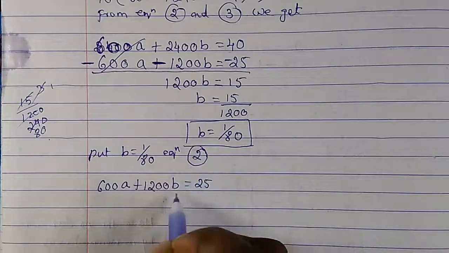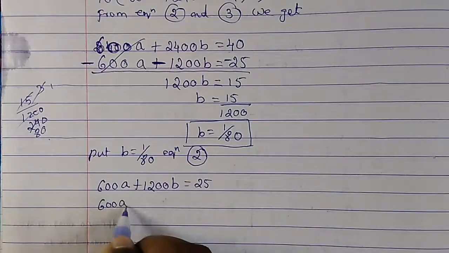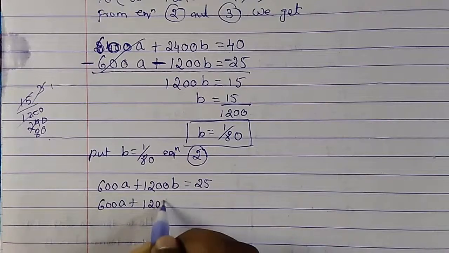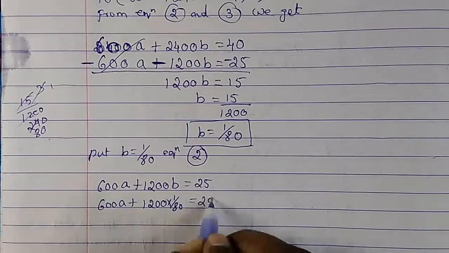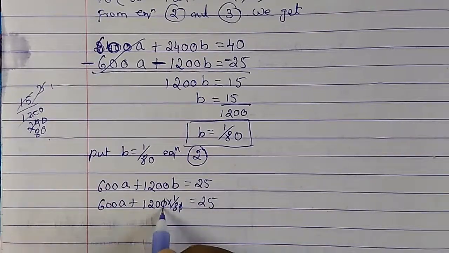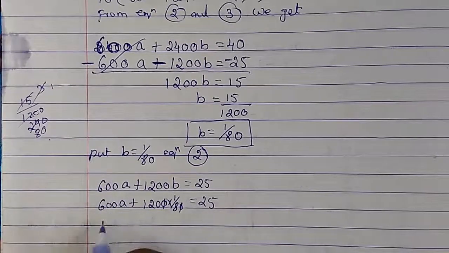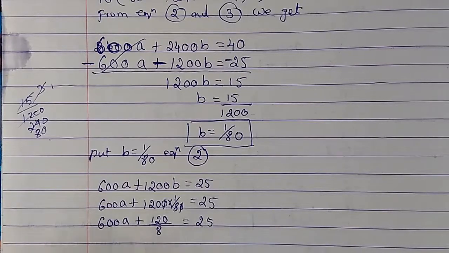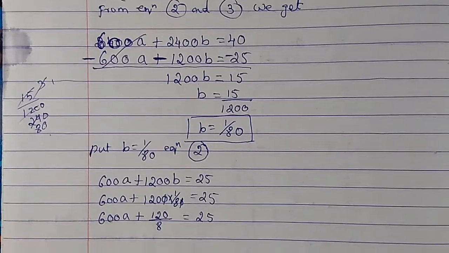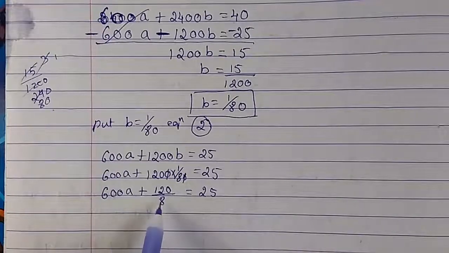This is equation 2. So let's put the value of b here. So 600a plus 1200, b value is 1 upon 80, equal to 25. So 1 zero gets cancelled. So I will have 600a plus 120 into 1, 120 upon 8 equal to 25. So now if you see here in denominator we have 8. Here in denominator nothing is there, so consider that there is 1.